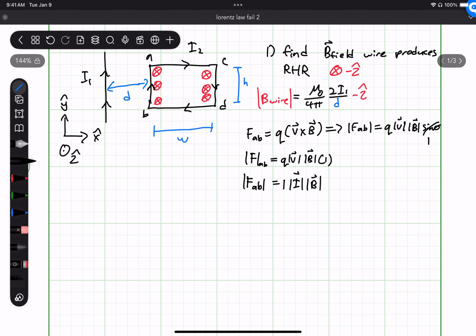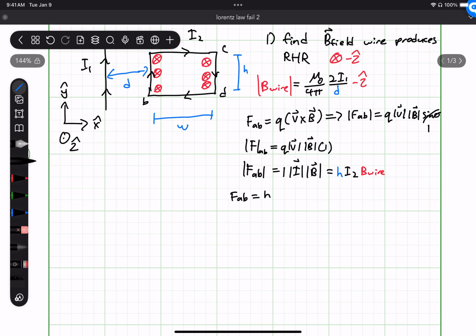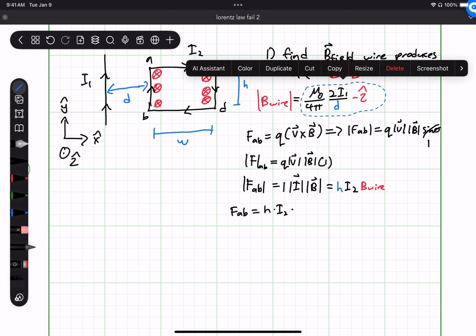So we know the length from A to B is equal to h. I'll notate this in blue. Times the current, which is I2, times the B field, which is just what we wrote above, the B of the wire. And writing this all out, the F on AB is equal to h times I2 times the B field, which is what we had earlier. So it's just this.